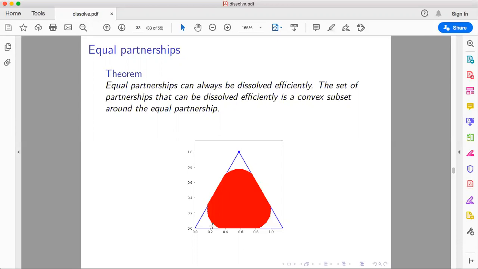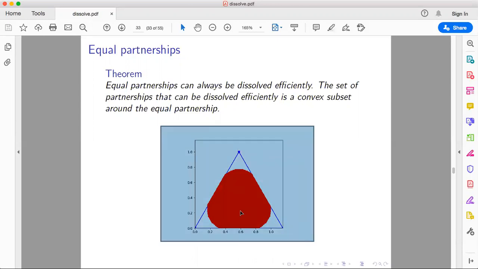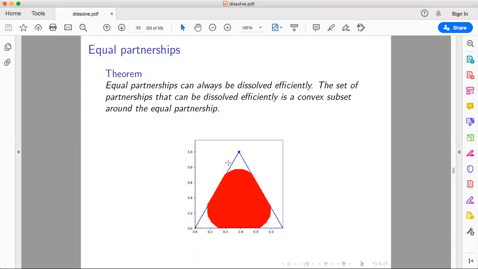Well, not really, because remember, the way to measure this would be like this. If you take a point anywhere in this triangle, its coordinates are the lengths of the perpendiculars to each of the sides.